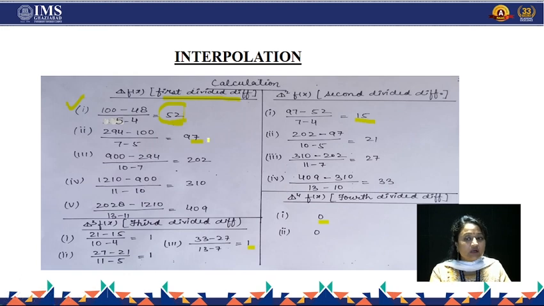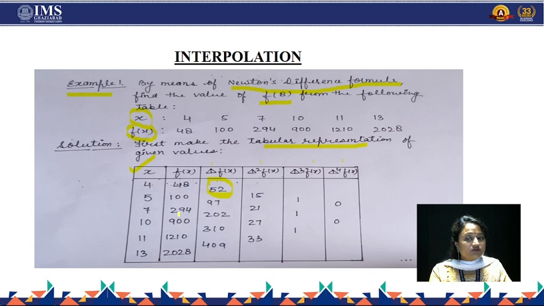How do I get 97? 294 subtracted by 100 and divided by 7 minus 5. This is the way to get the values of the first divided difference column. I hope you understand.